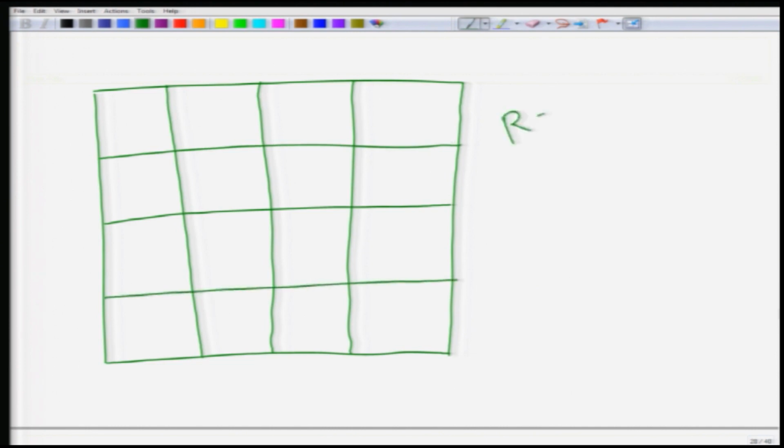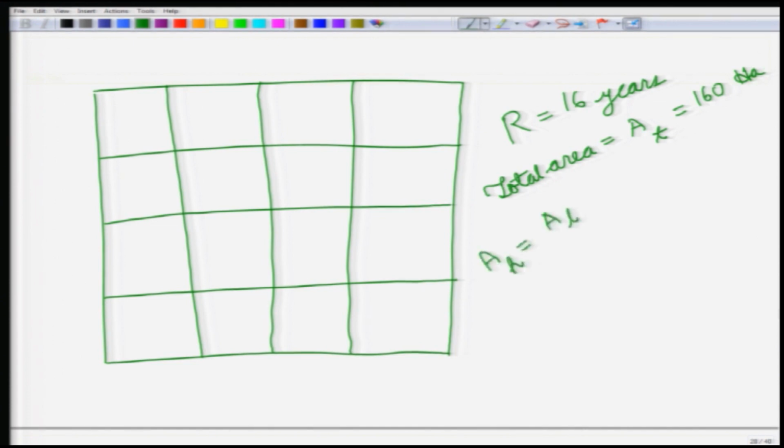So, we are saying that R is 16 years, and the total area is equal to A total. Say for sake of simplicity that this is 160 hectares. Area to be harvested will be given by the total area divided by R, which is 160 hectares divided by 16 years is 10 hectare every year.